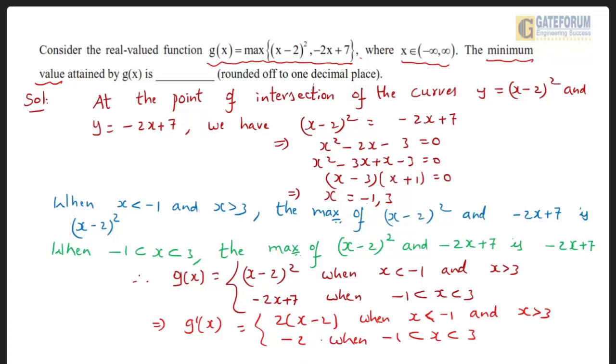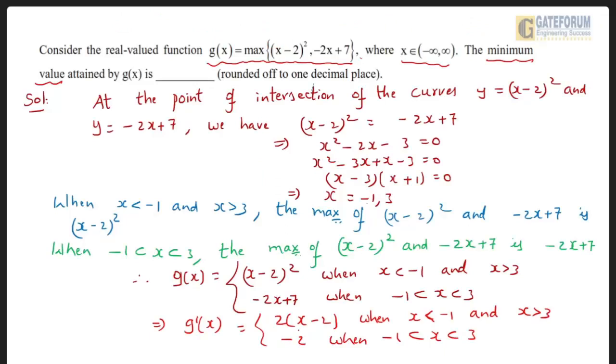Therefore, g dash x is less than 0 when x is less than 3, and g dash x is greater than 0 when x is greater than 3.